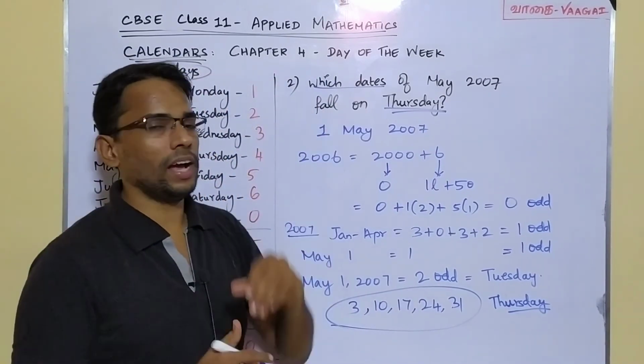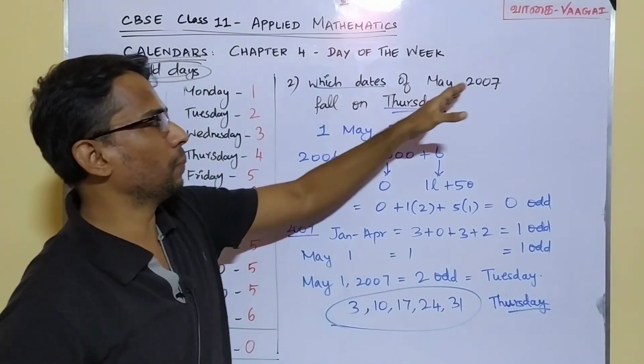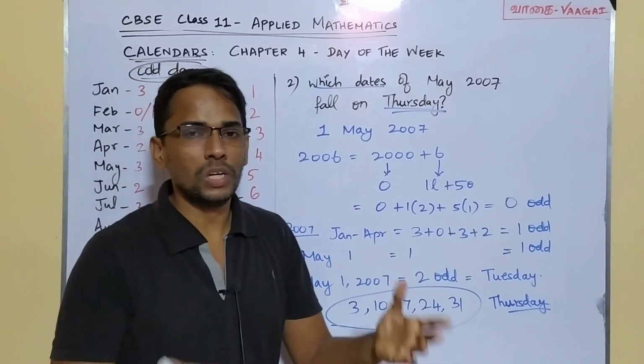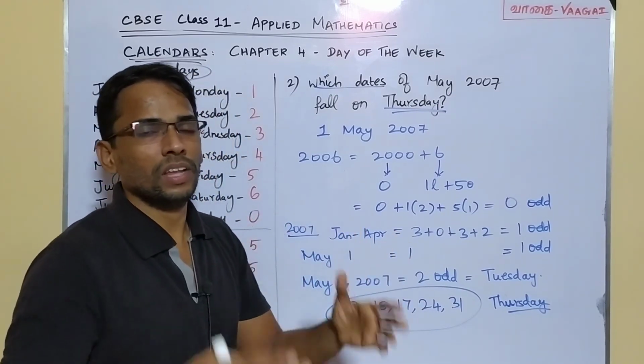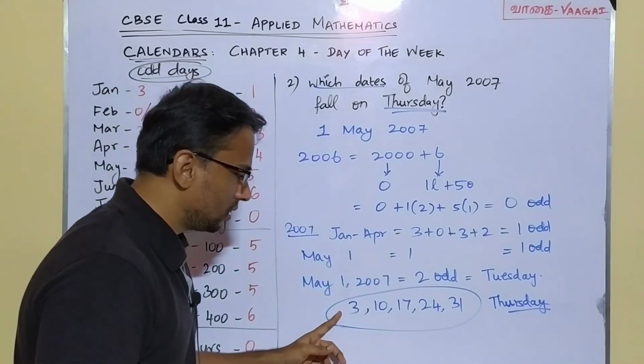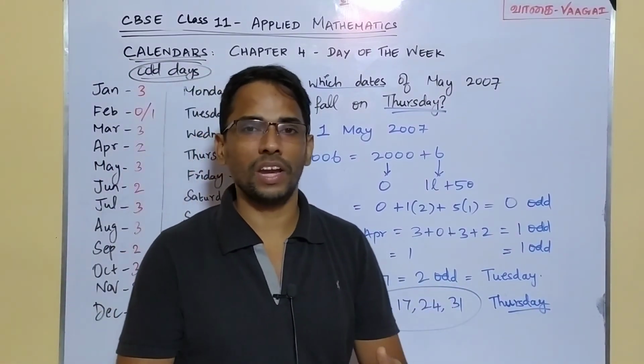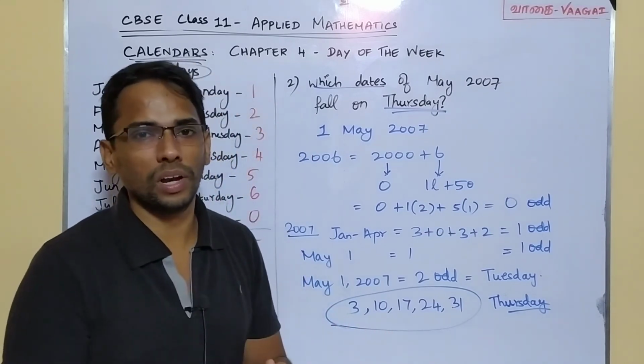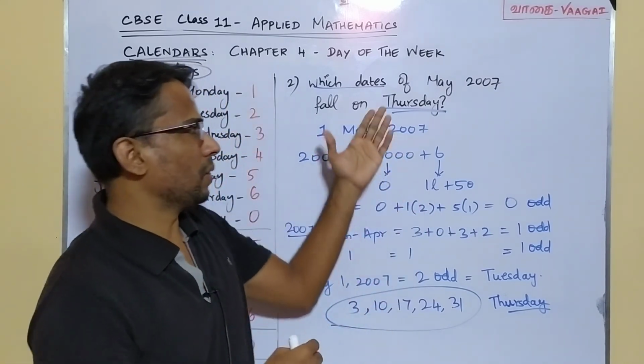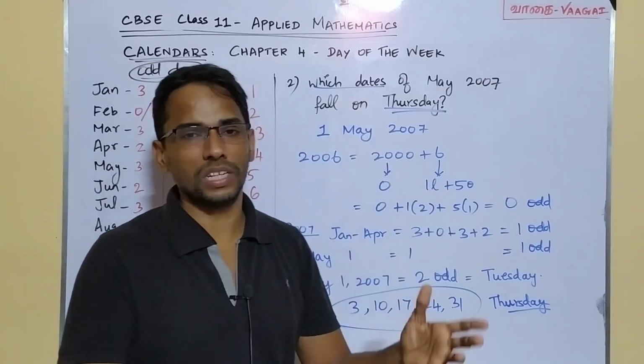So our answer is that May 2007 Thursdays will be on 3, 10, 17, 24 and 31 undoubtedly. Again, if you want to verify it, you can just Google May 2007's calendar and see.